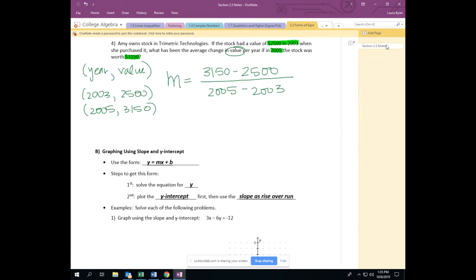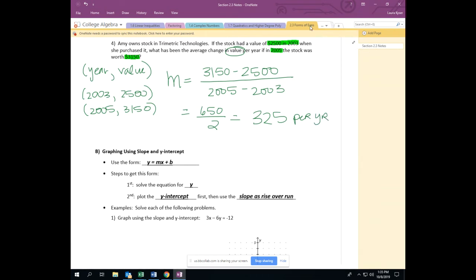And then we subtract. 3150 minus 2500 is going to give me 650. 2005 minus 2003 is 2. And this thing simplifies all the way down to an integer. 650 divided by 2 gives me 325. And it's per year, because that's what it's asking, value per year.